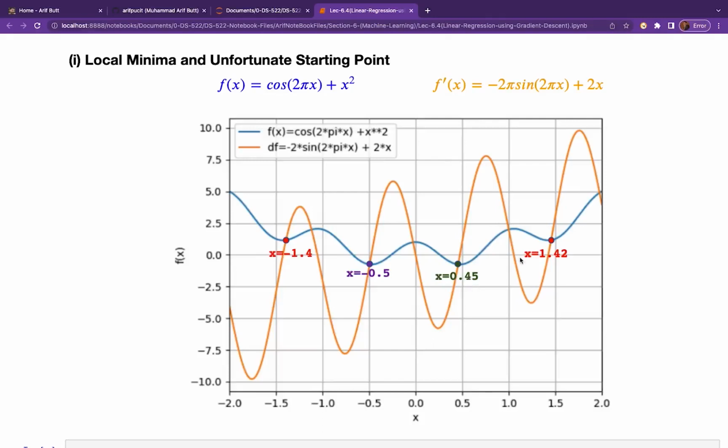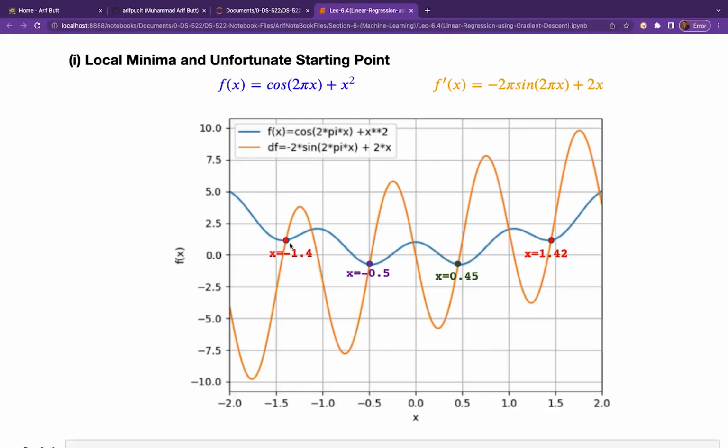Well, please ignore this typo in the legend of this graph. The derivative should have been written minus 2 pi sine, not minus 2 sine. Anyway, you can visually see there are four local minima shown with these dots.